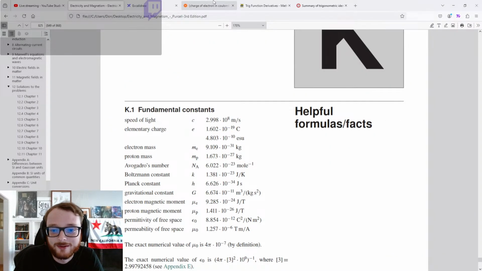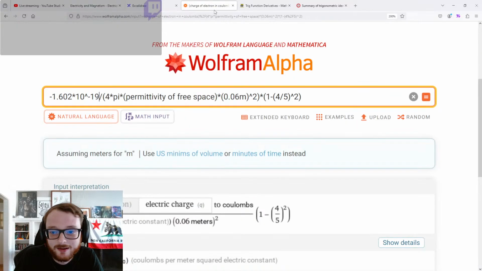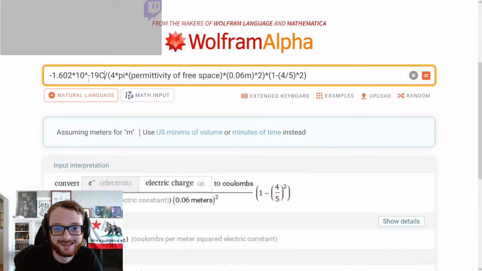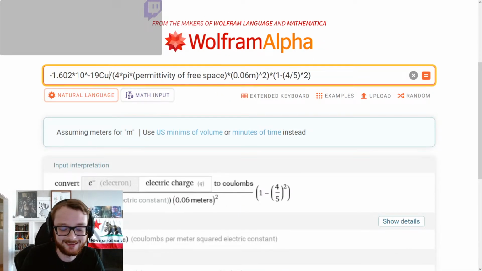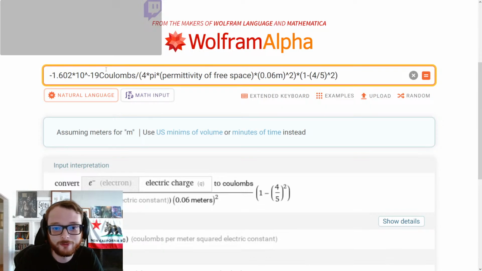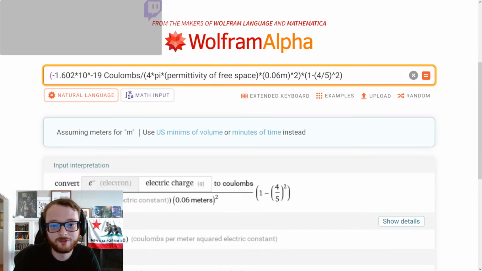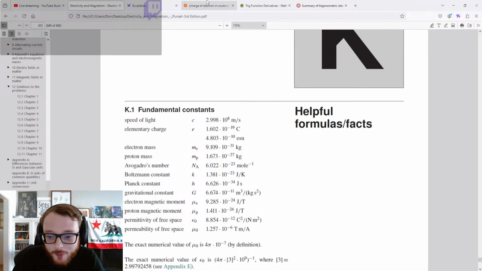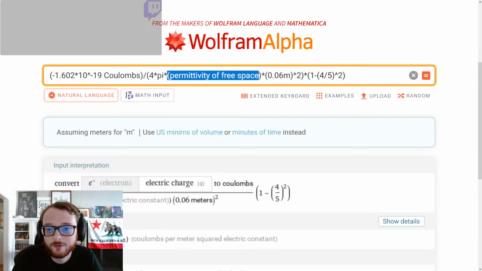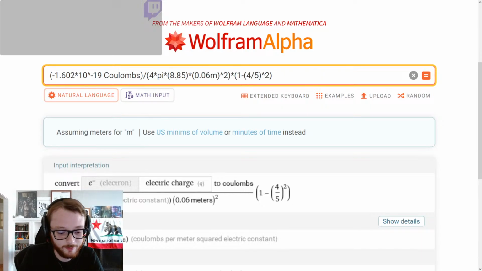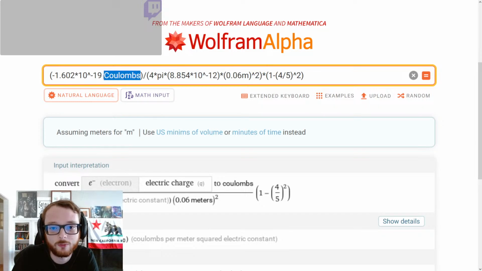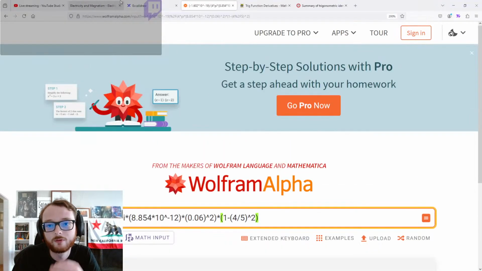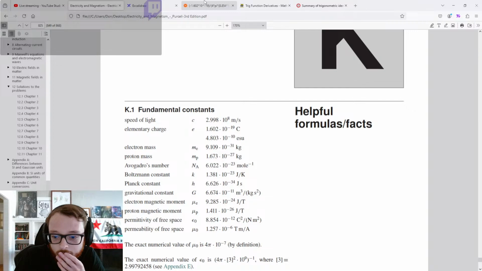You'd think we'd all have epsilon naught burned into our brains by now. I'll spell out Coulomb so it doesn't think it's Celsius. I'm not going to do the units for permittivity of free space, who am I kidding? 8.854 times 10 to the minus 12, just to get rid of the units.